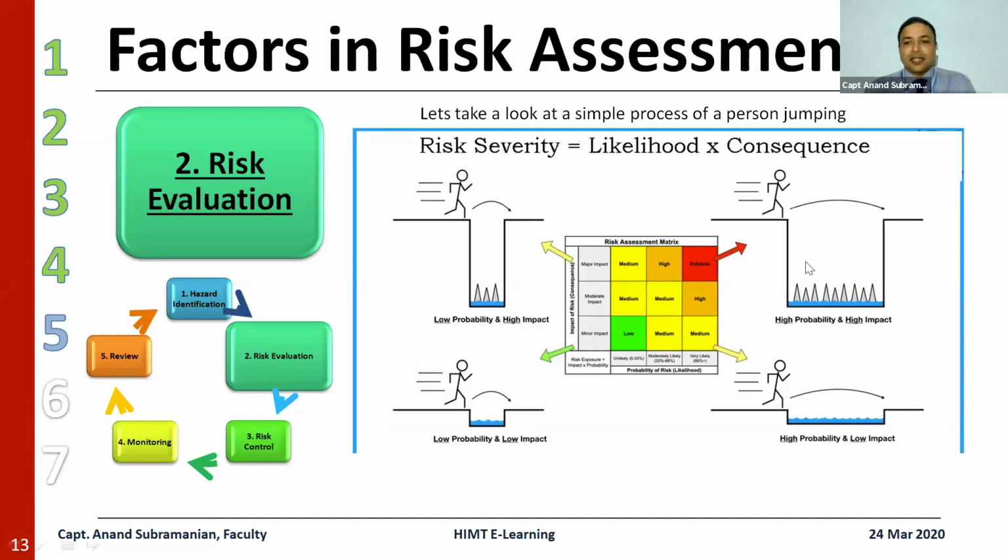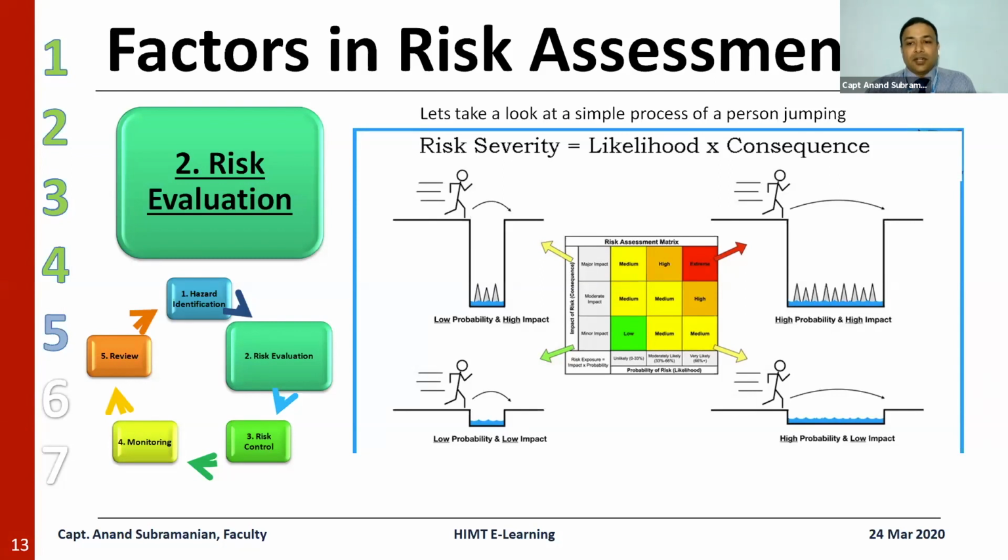Now we come to the right-hand side example. What we've done is increase the width of that particular channel, and for both the top and the bottom on the right-hand side, the dangers are the same. But what has happened? What are the chances of this man jumping across in one go without any difficulties?